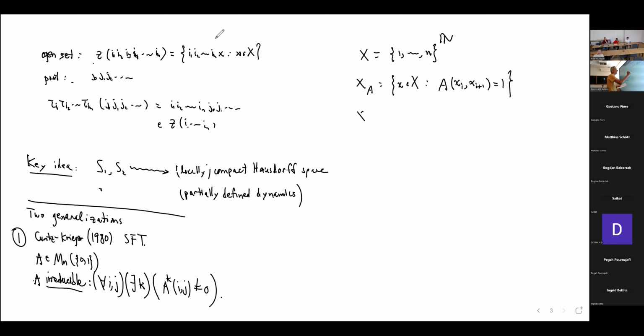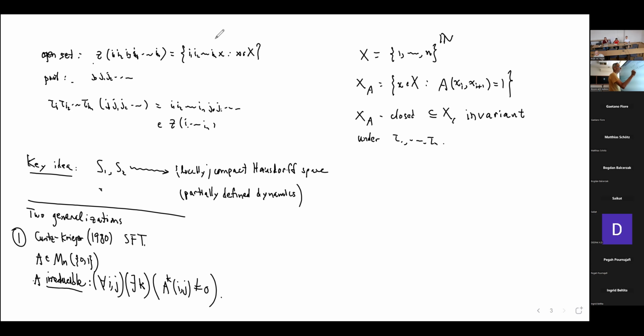So X sub A is a closed subset, and it's invariant under these shift maps, L1 through Ln. So we get a new partial dynamical system, and we'd like to look at its cross product.